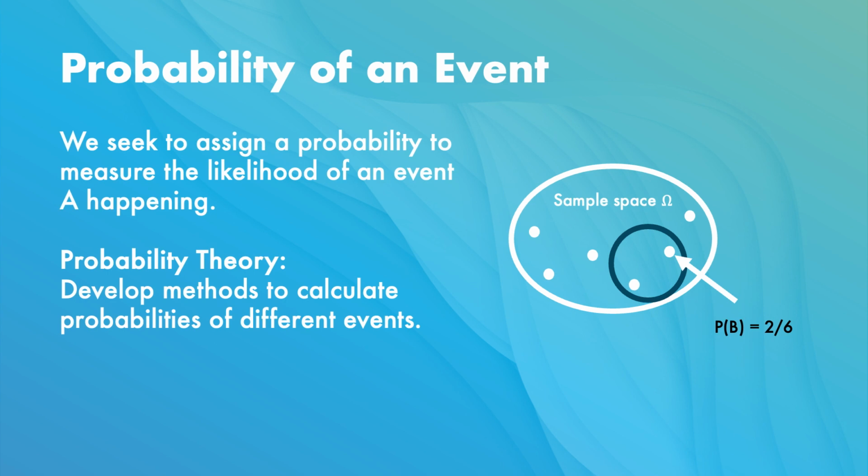Well, we care about the probabilities of the events. We are always seeking to assign a probability, a likelihood, of an event happening. So these two concepts are connected, the events and the probabilities. Before we talk about probabilities, we need to talk about events and sample space.